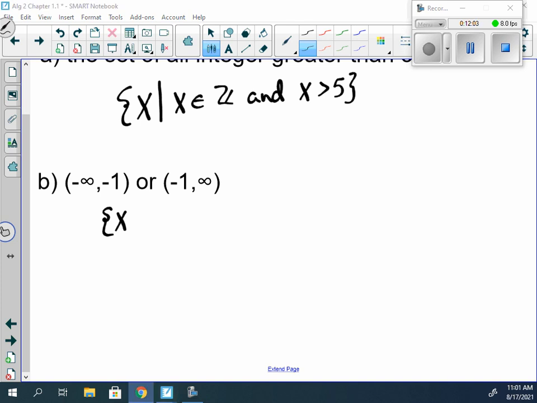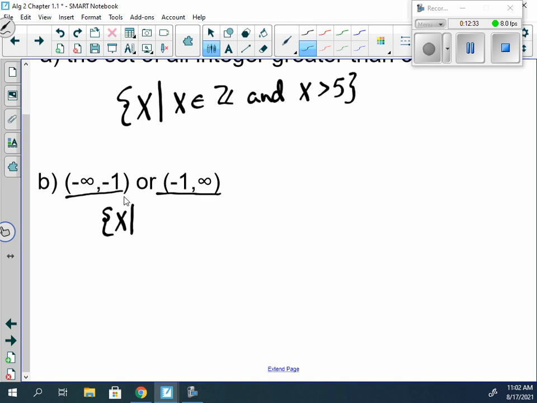Yeah, actually all real numbers, because we're talking about an interval. Anytime we talk about interval notation, because we're talking about negative infinity to 1, we're talking about all the numbers between it. So this would be all real numbers. So for this here, we'd have the set of all real numbers x, such that what?